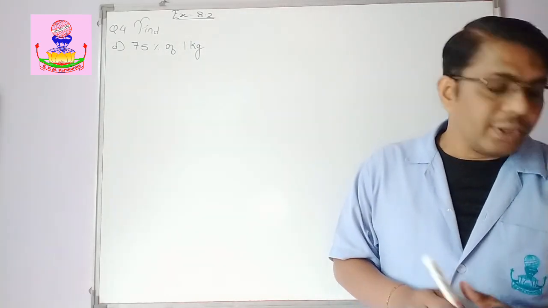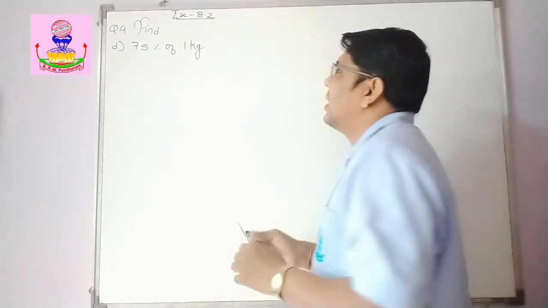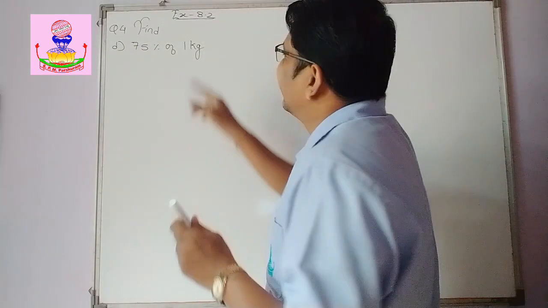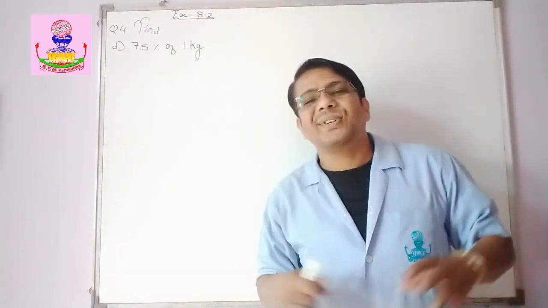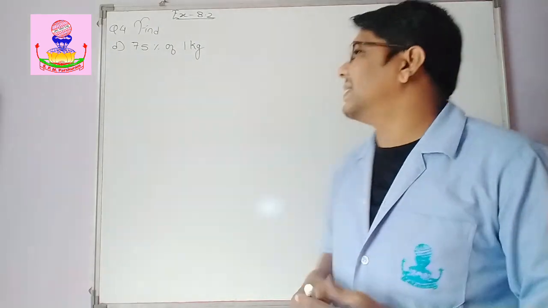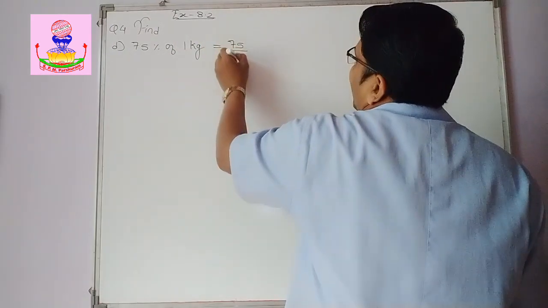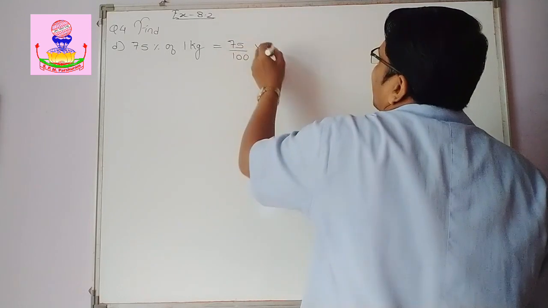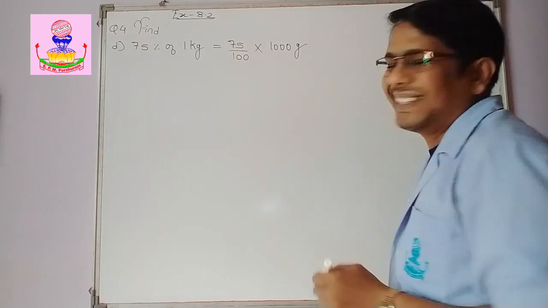Okay. So next example. So now D, 75% of 1 kg. Okay. Now, so again 1 kg convert to grams. So 1 kilogram is equal to how many grams? Oh yes, of course, 1000 grams. So 75%. So 75 upon 100.